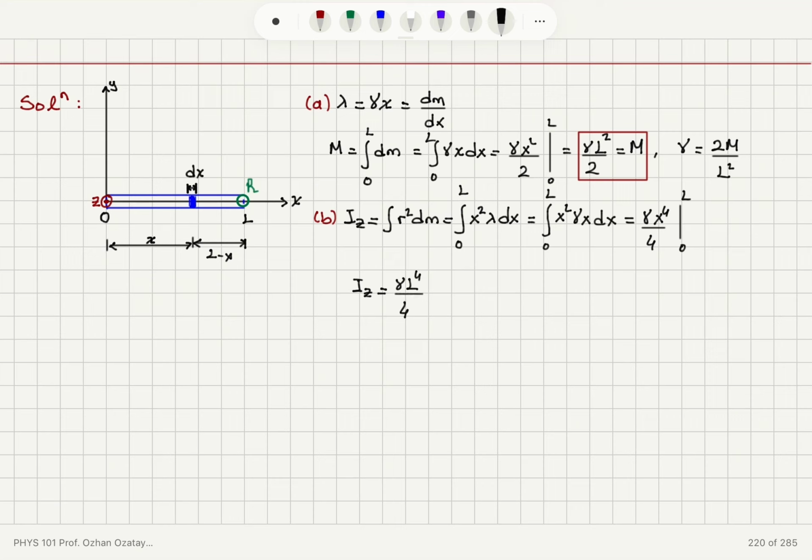But since I know what gamma is from part A, for gamma I substitute 2 capital M over L squared, multiplied by L to the 4 divided by 4. We obtain L squared, which makes this L to the 4th over L squared, and the 2 over 4 gives 2 capital M L squared divided by 4, that is, capital M L squared divided by 2.